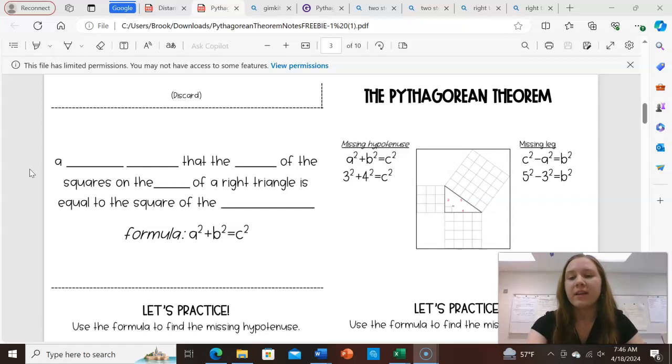So 5 squared again would be 25, and minus 3 squared, which is 9, which would give you what? It would give you 16. 25 minus 9 is 16. Then you would take the square root of both sides. So you would have 16 equals b squared. You take the square root of both sides, so you'd have 4 equals b.